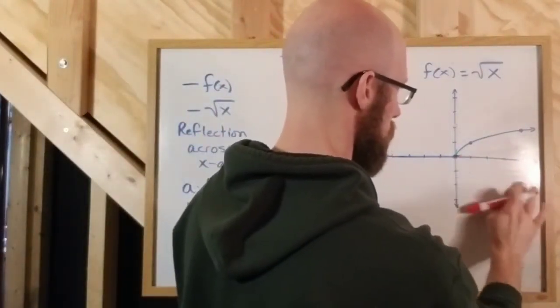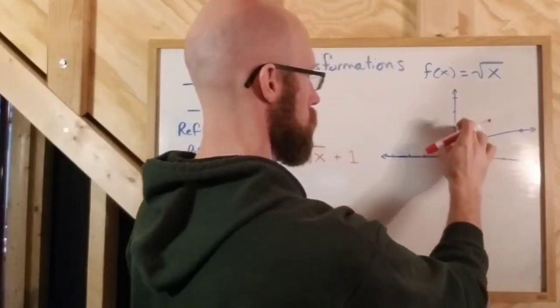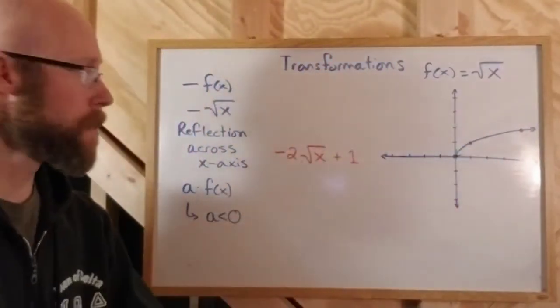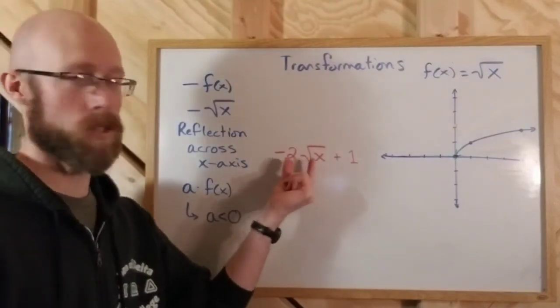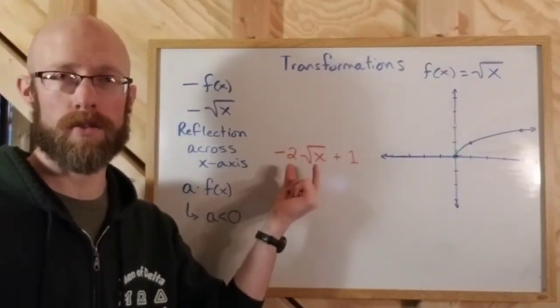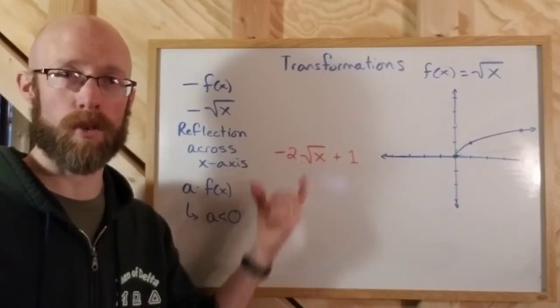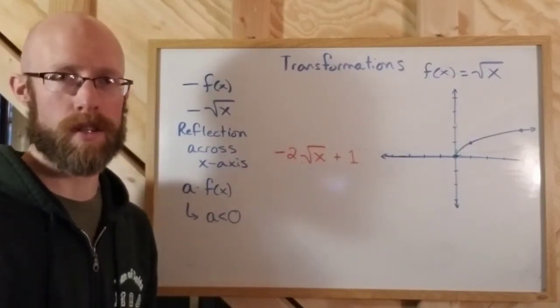And these are all vertical transformations. And so in this case, what you would do is apply the transformation that's closest to the original function, and then work your way out, using order of operations essentially.